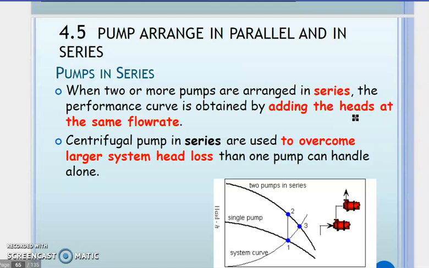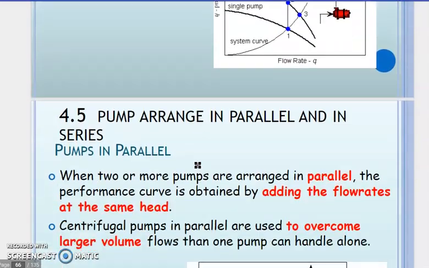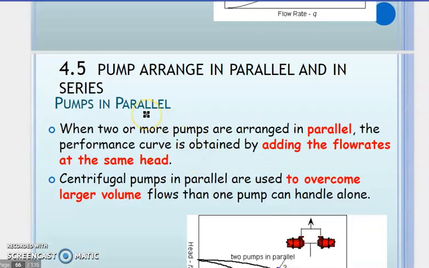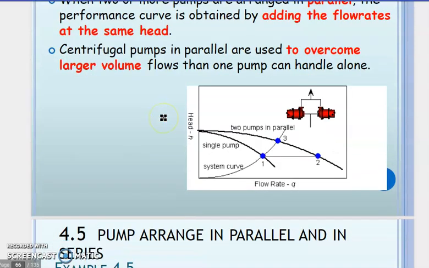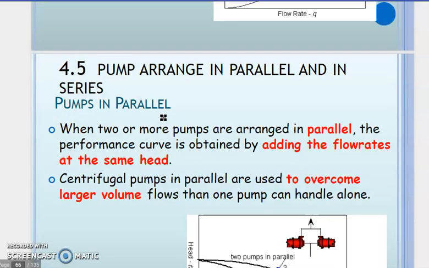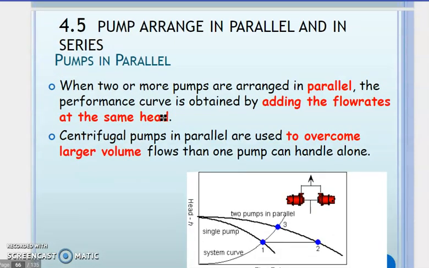We use series configuration because we want to overcome a larger system head. When you have pumps in parallel, what you want to overcome is a demand with a larger capacity, larger flow rates. If you have them in parallel, the flow rate will increase. So I think that's all for part number 2.